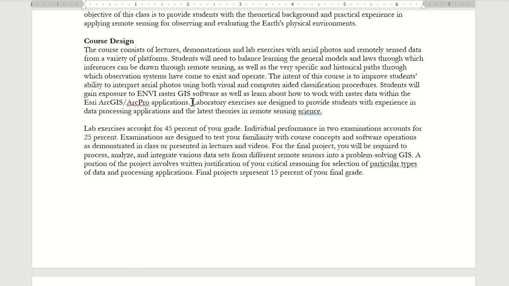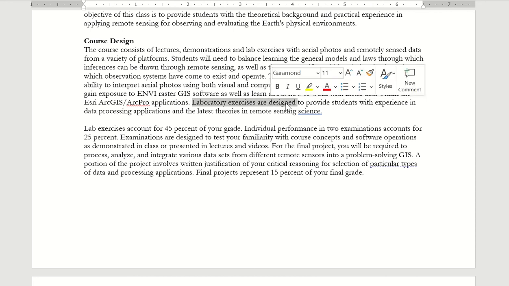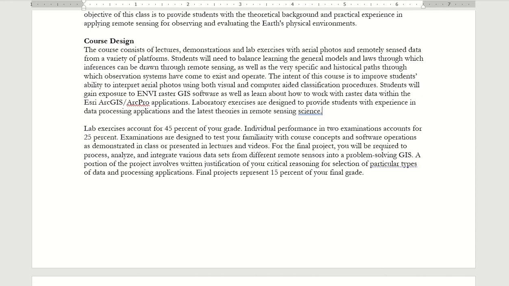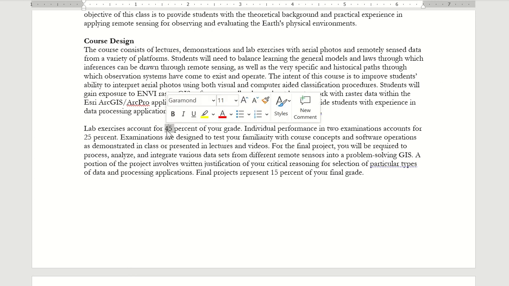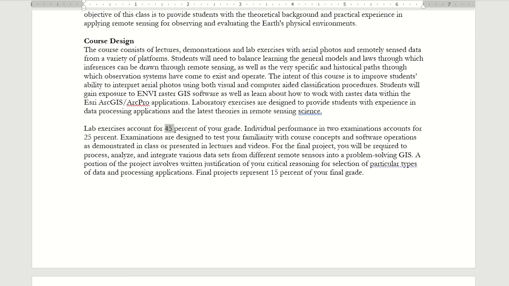So this kind of material will be learned through semi-weekly laboratory exercises, so that you do get that hands-on experience. Those laboratory exercises will account for almost half your grade, 45%, about 5% per exercise if we have 9 of them.